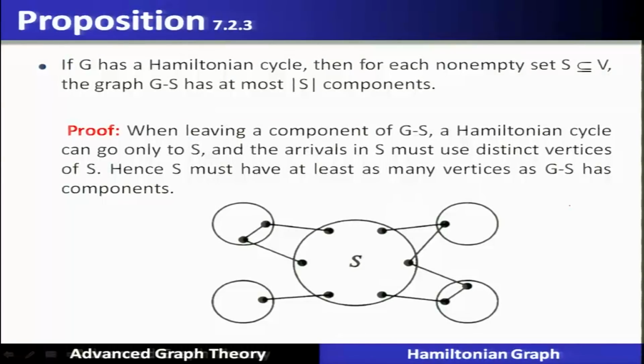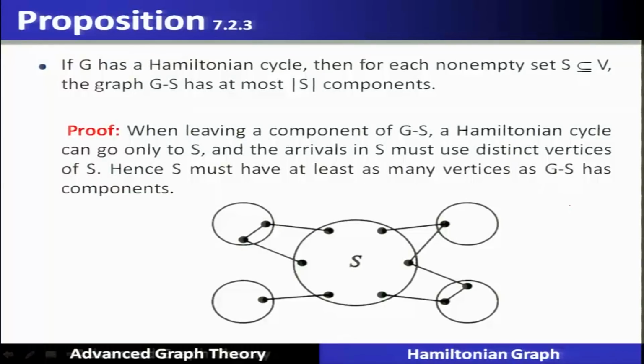So, if G has a Hamiltonian cycle, then for every non-empty set S, which is a subset of vertices of the graph G, such that the graph without that set S, that is G minus S, has at most the cardinality of S number of components.